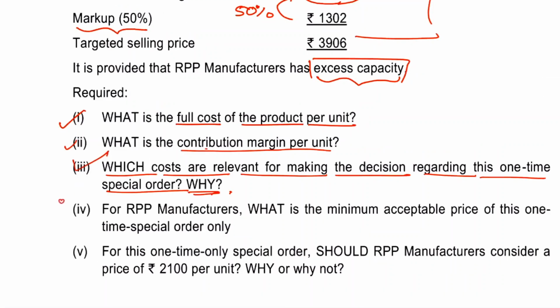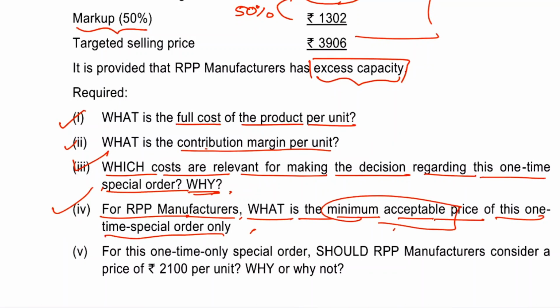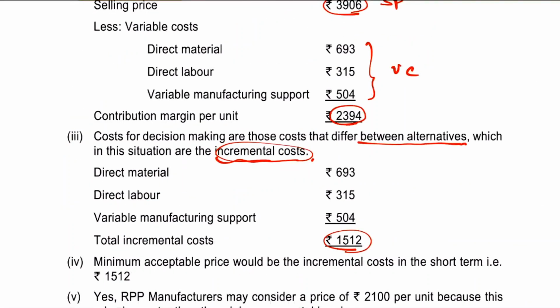Now, if I talk about this RPP manufacturer, what is the minimum acceptable price of this one-time special order? Can I say the minimum acceptable price is your relevant cost? You won't accept an order below this. If you produce one unit, what is your cost? 1512.